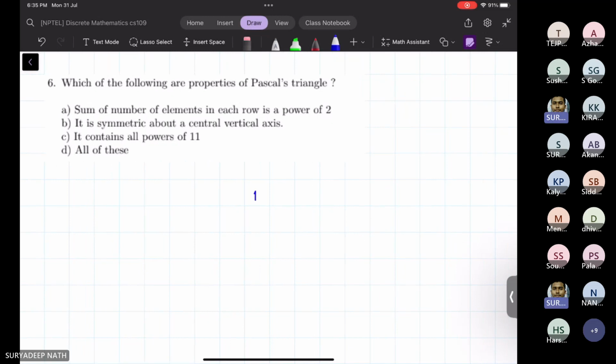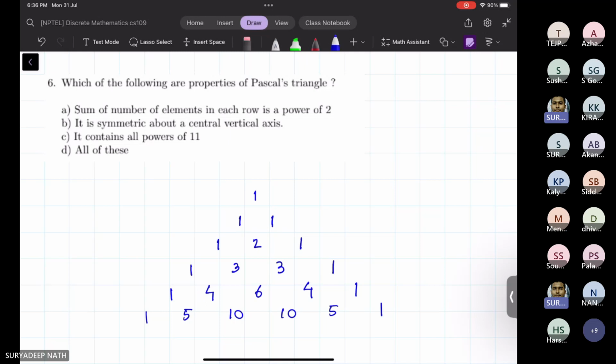It starts with 1, then you have 1 1, you have 1 2 1, you have 1 3 3 1, and 1 4 6 4 1, you have 1 5 10 10 5 and 1.